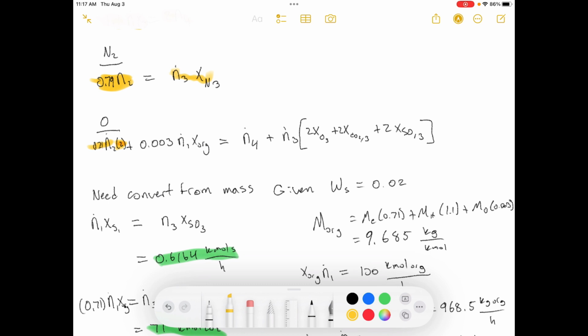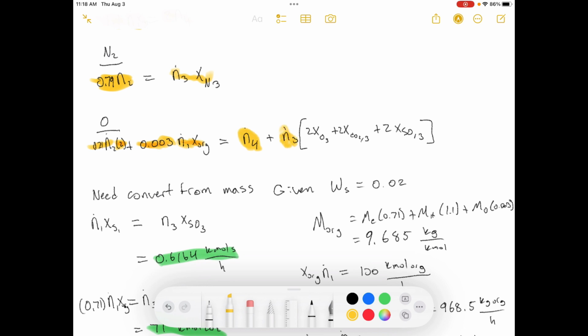Then we have a certain amount of oxygen going in the organic, right? So for every mole of fuel or organic, we have 0.03 moles of oxygen going in, and alongside that we have a certain amount of oxygen going out the stack, or out with the water.